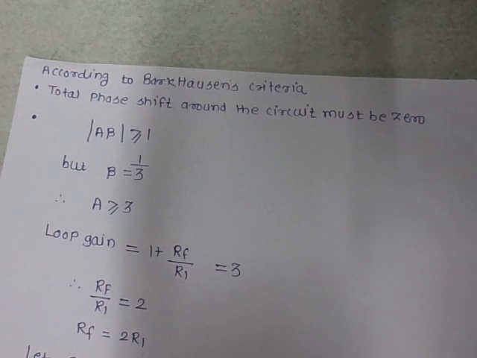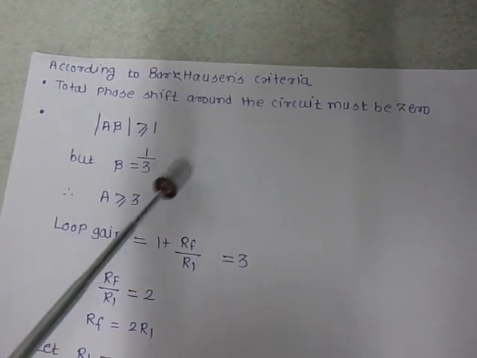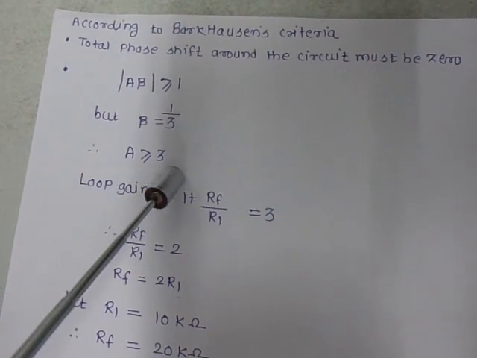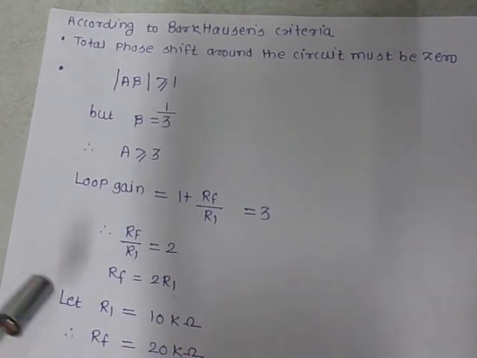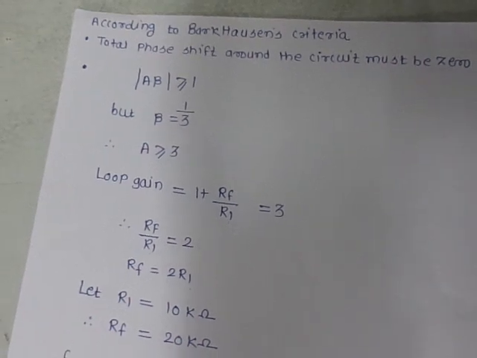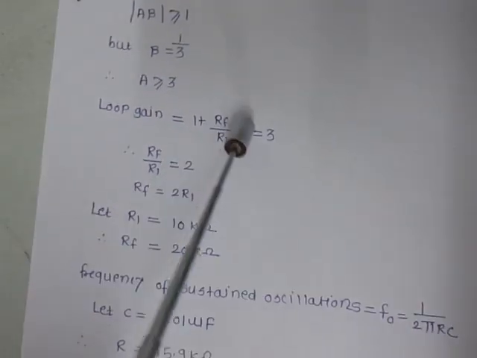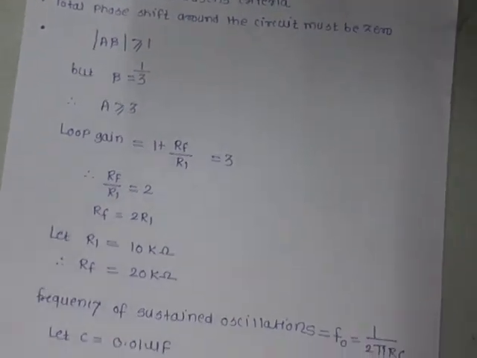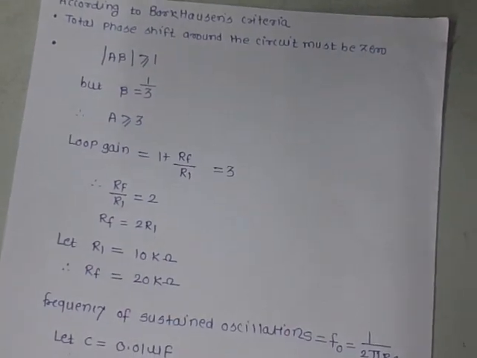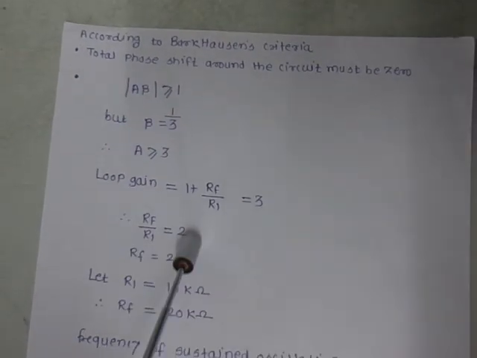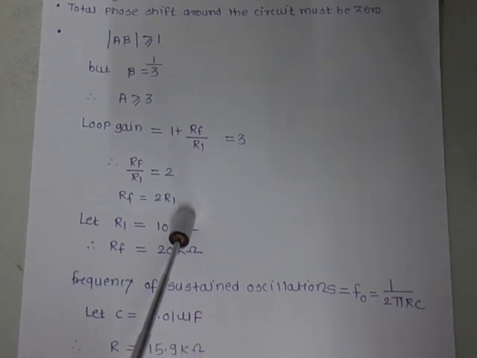For a Wein bridge oscillator, the value of beta is 1 by 3, and that's why the gain A must be greater than or equal to 3. Here the loop gain is 1 plus RF by R1, which is equal to 3. That's why RF by R1 is equal to 2, and RF is equal to twice R1.